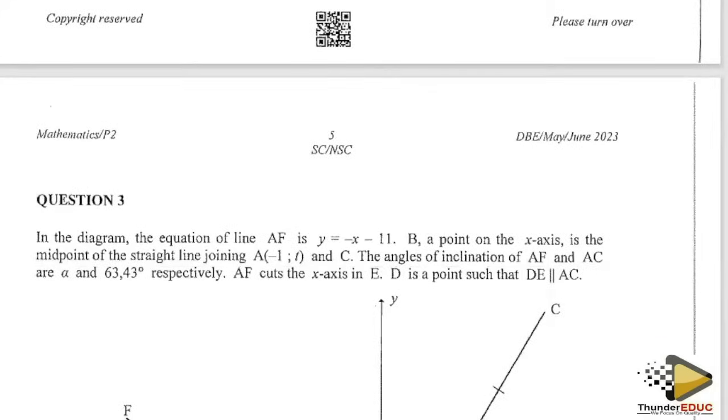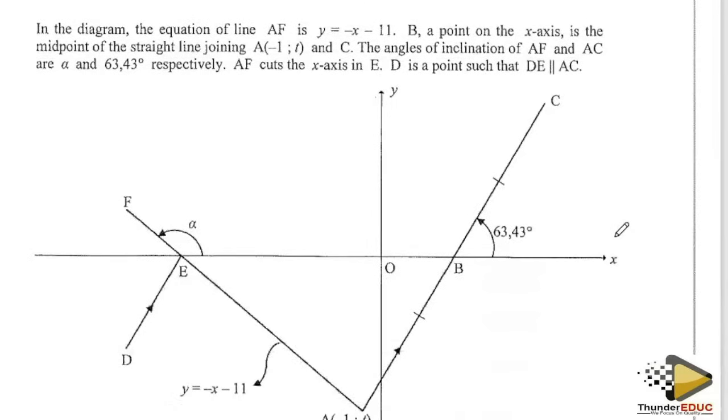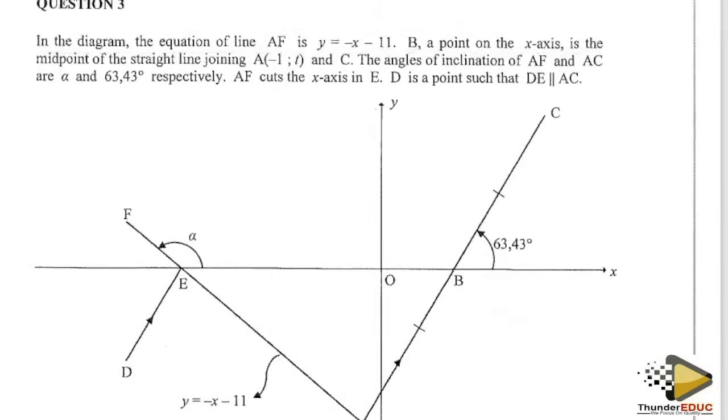we're being told that in the diagram, the equation of AF is y is equal to negative x minus 11. Okay, this is the line AF. B is a point on the x-axis such that this B is a midpoint.